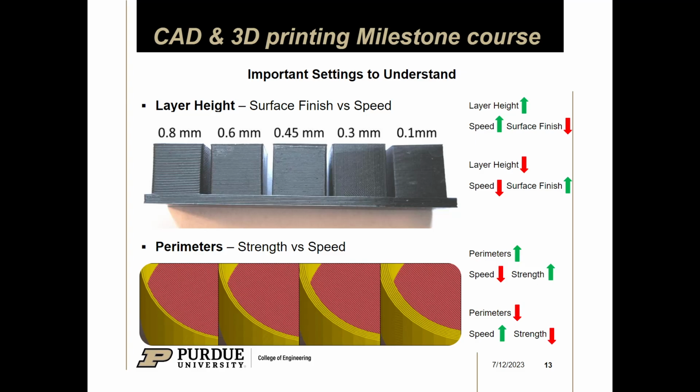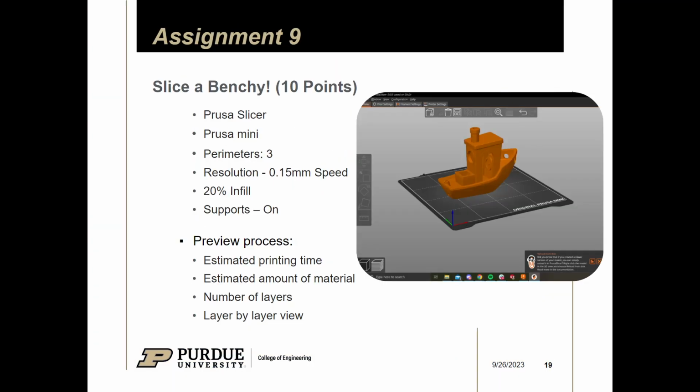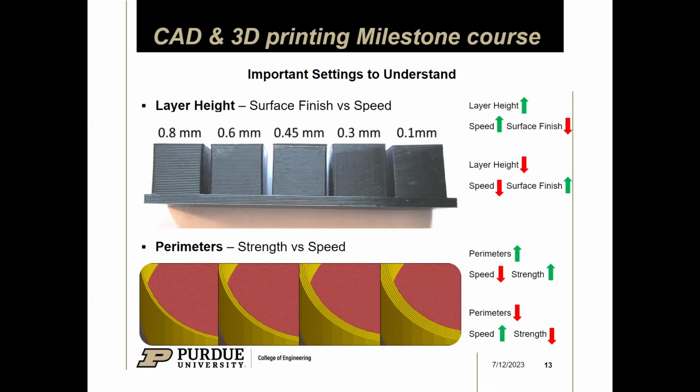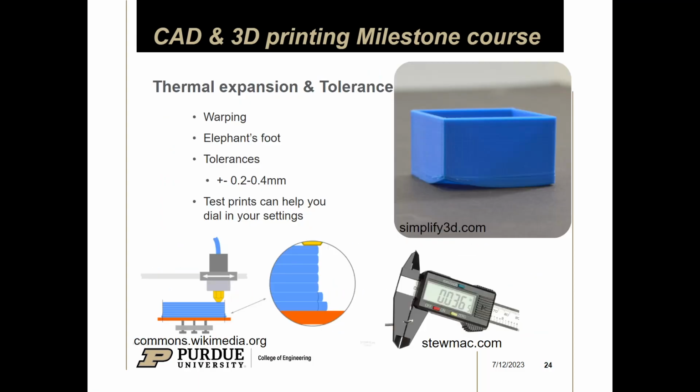If the part does cool down too fast, you can see from the thermal expansion slide, on the top right, it'll fold up. That basically doesn't happen with PLA, or it's very hard to do with PLA. You can print PLA without a heated bed. That's how easy it is to print, if that makes sense.